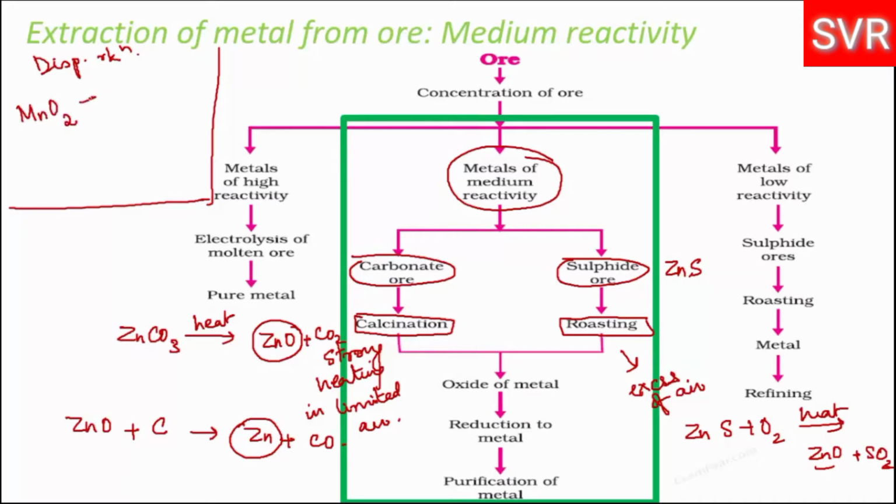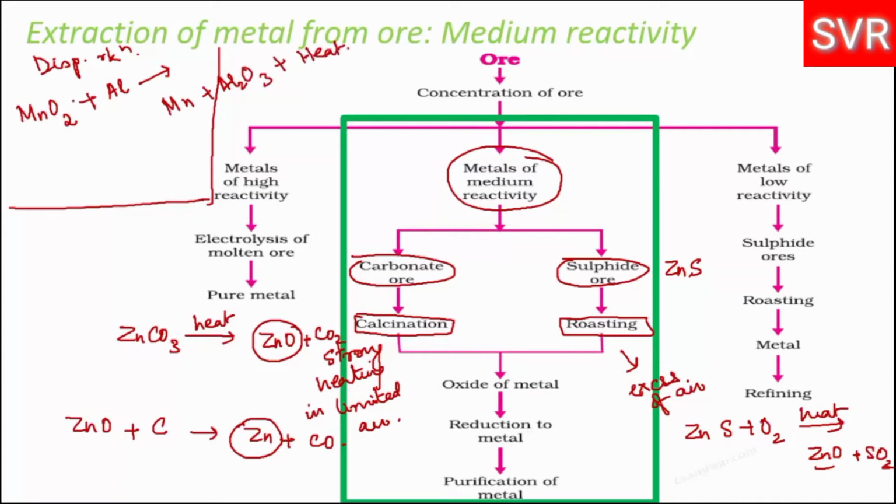If MnO2 reacts with aluminium, because carbon is not the only reducing agent that you can use, there could be other reducing agents like sodium, calcium, or even aluminium. So in this case with MnO2, when it reacts with aluminium, it forms Mn plus Al2O3 plus a lot of heat energy is produced.